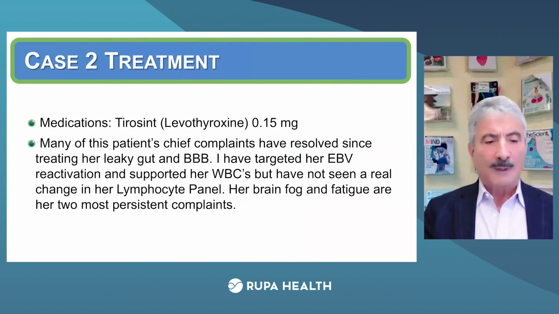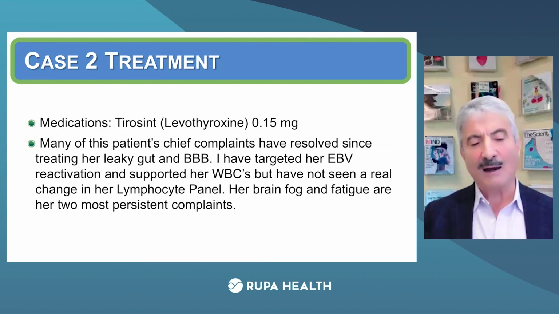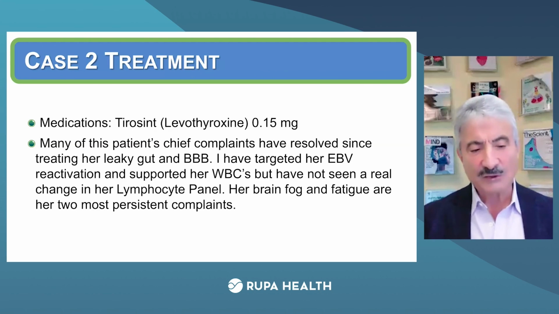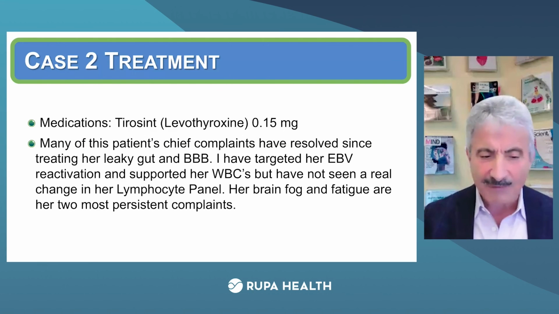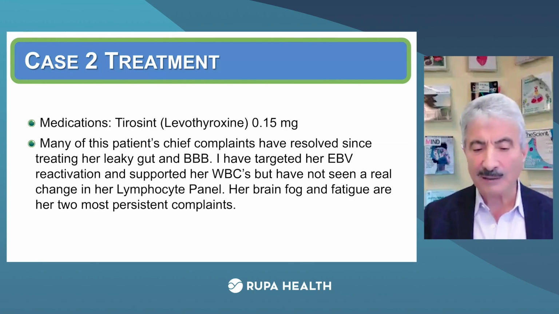So the patient was treated with thyroid medication, and many of the patient's chief complaints have resolved since treating her leaky gut and blood-brain barriers. And the doctor says that I have targeted her EBV reactivation and supported her WBC, but have not seen real or significant changes in her lymphocyte panel.